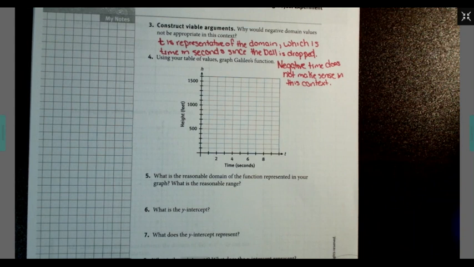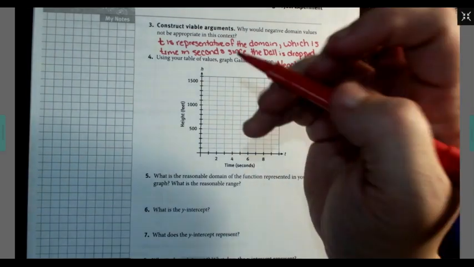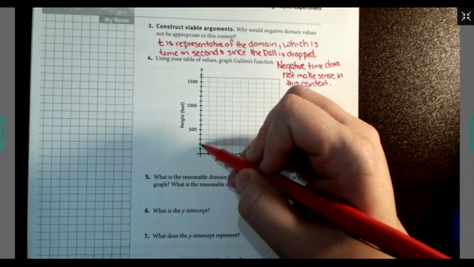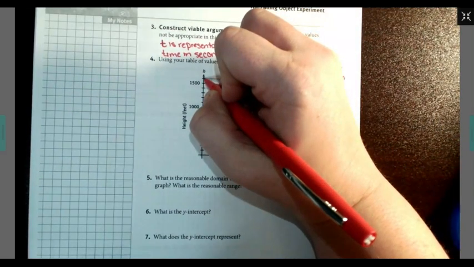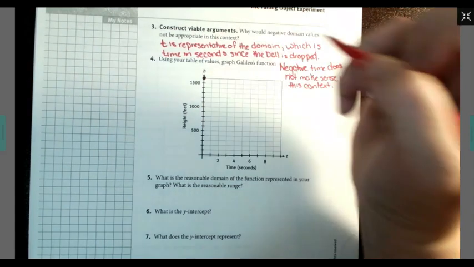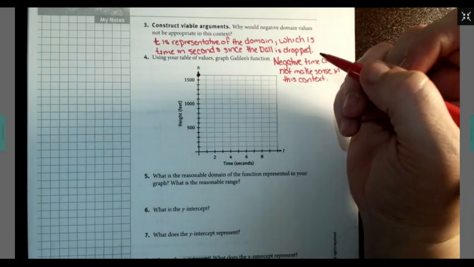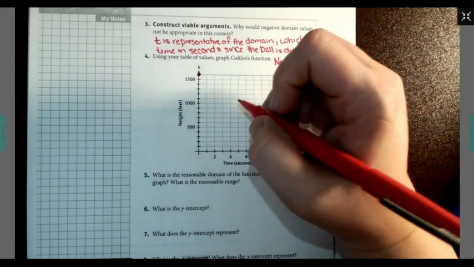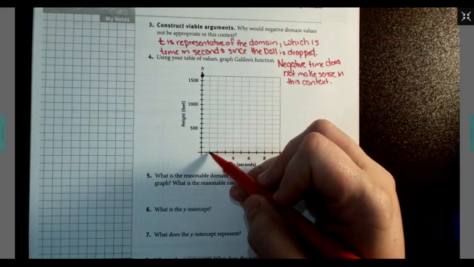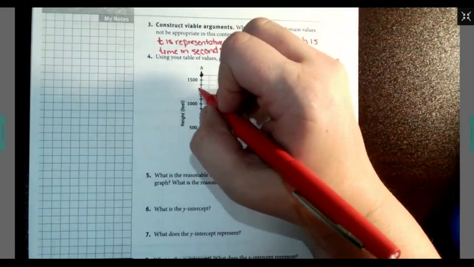Using your table of values, graph Galileo's function. All right. Well, we know we start at, it looks like these are going up by 100. So 0 was at 1600, right? At 1 second, each one of these little lines represents 1.